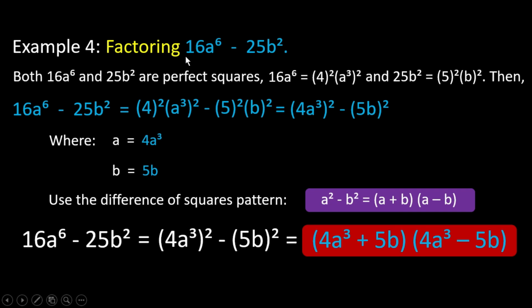So, before that, dito pala guys, sa 16a to the 6 minus 25b squared, dapat tinetest natin yan kung perfect squares yung dalawang term na ito. Kasi, pag itong dalawang ito hindi naging perfect square, then useless, hindi natin pwedeng gamitin yung pattern na ito. So, kailangan tinetest natin yan kung perfect square siya. Or, pwede natin gawing perfect square. So, pag hindi, then, hindi natin pwedeng gamitin itong pattern na ito.